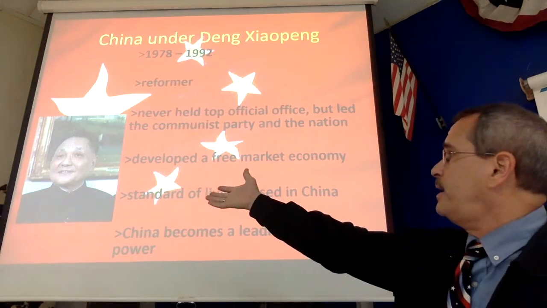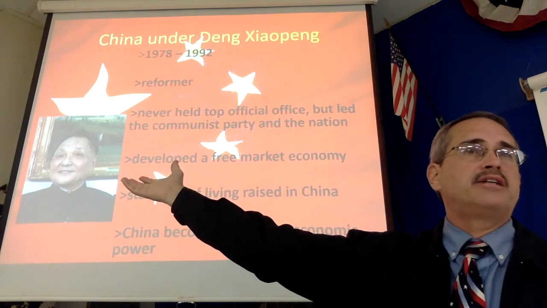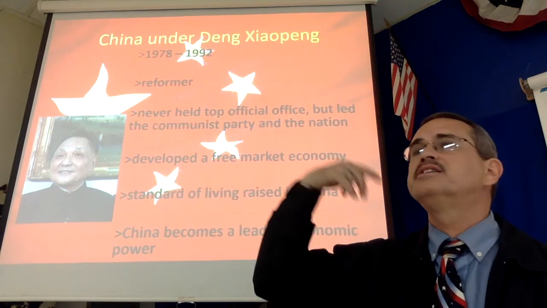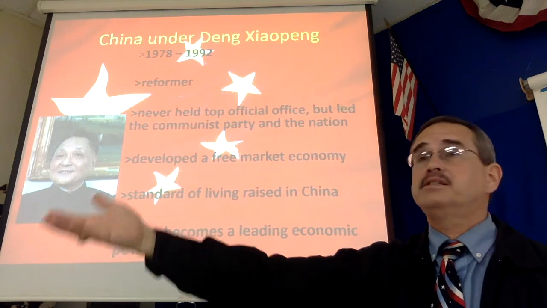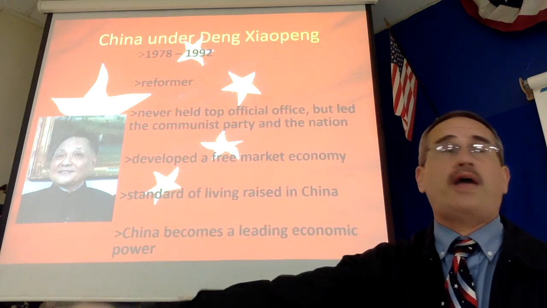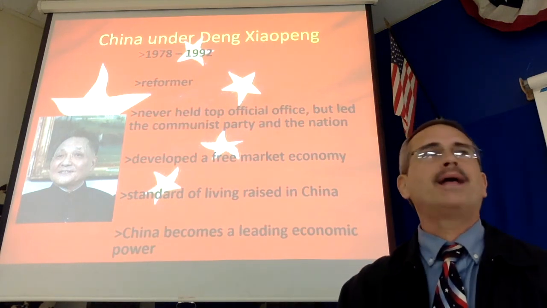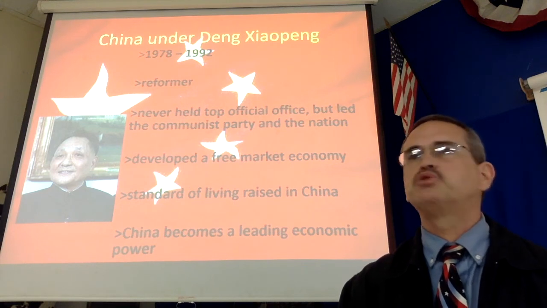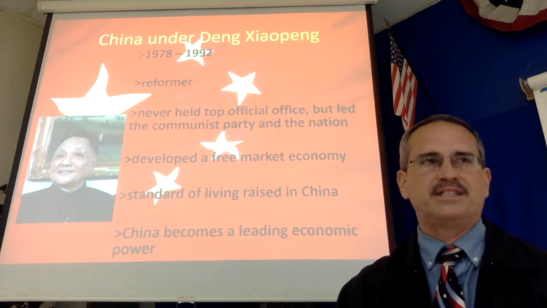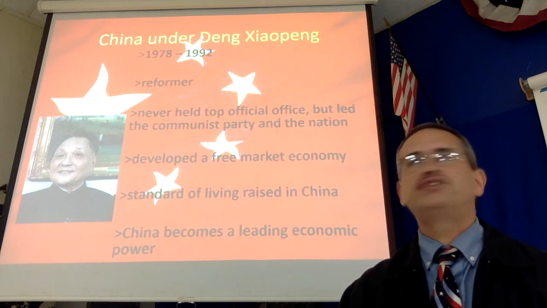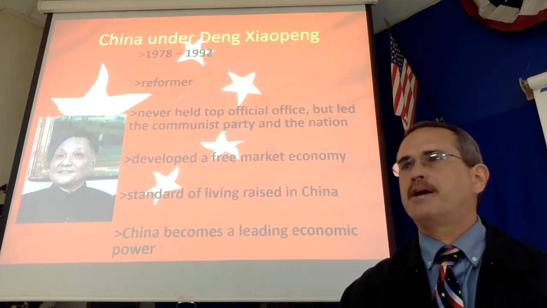And Deng Xiaopeng, after he and Nixon start connecting, he's going to come to America. He's going to travel America. He's going to come to Texas and get a cowboy hat and go to a rodeo and make a lot of business partnerships with rich Texans and oil companies down here. He's going to be encouraging capitalists to come invest in China.